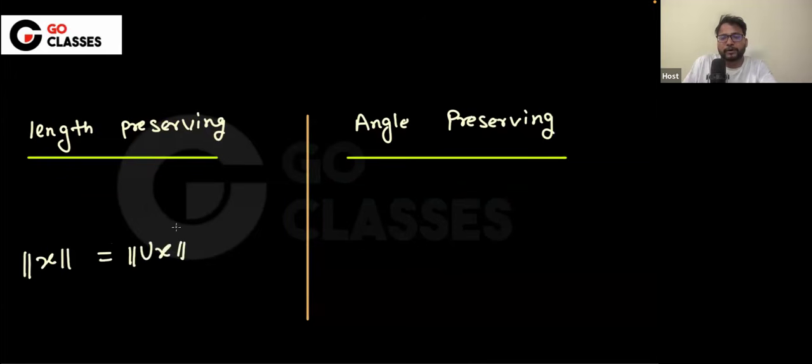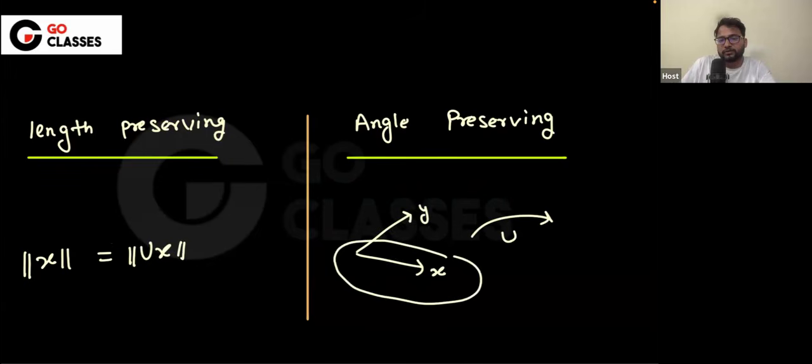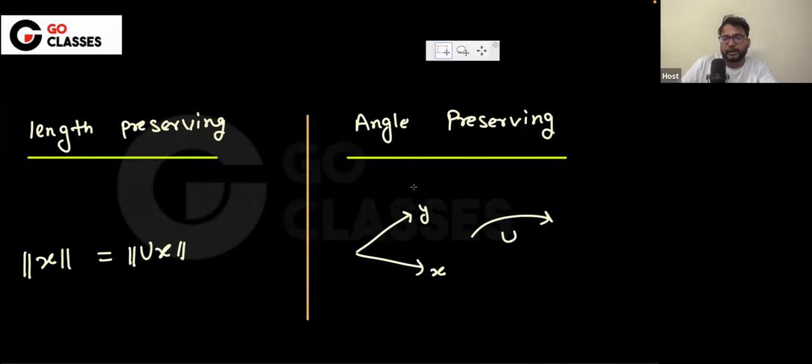The second property is angle preserving, which means that if you have two vectors x and y, and whatever is the angle between x and y, if you multiply by u, one thing we know is that x can be rotated only. It cannot be stretched. It cannot be shrunk, which means that the length won't change. So it can be rotated, that I completely agree.